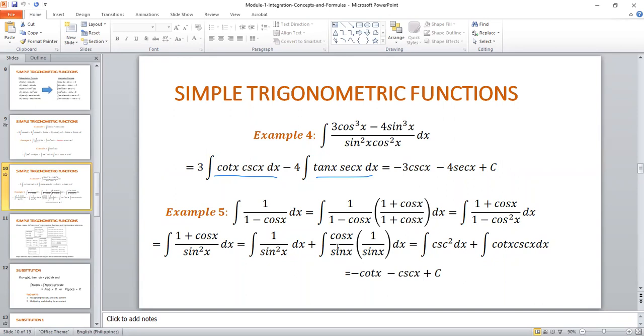While this one, your cosine over sine, for the second term, this cosine over sine times 1 over sine x, is actually the integral of cosine over sine is cotangent and 1 over sine x is cosecant x. Your cotangent x cosecant x integral is actually negative cosecant x.